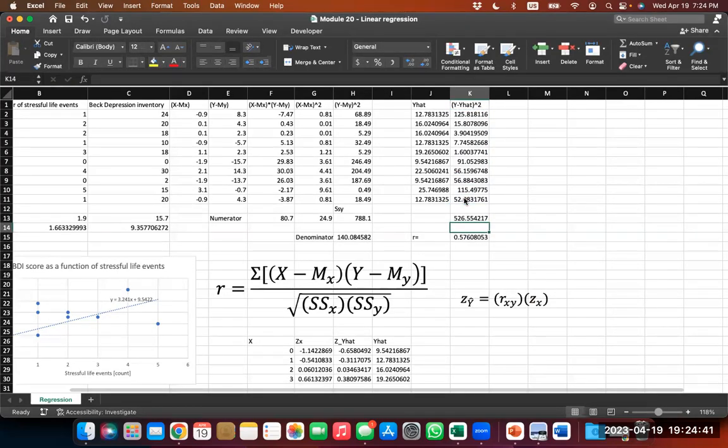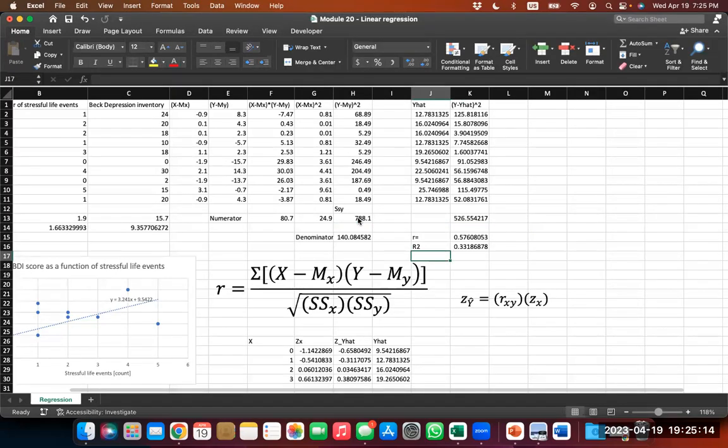So that's your rest error. So what you want to do now is calculate the R squared. I'm doing this right here under the R. So this is now the sum of squares, and the sum of squares minus the sum of squares of the regression, divided by the total sum of squares.